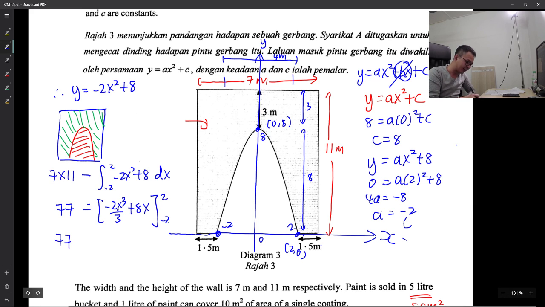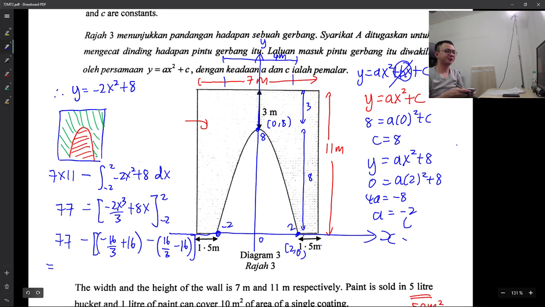So you sub in the value, negative 16 over 3 plus 16, minus, I sub in the -2, I will get positive 16 over 3 minus 16. Then you type in the calculator, you should get the perfect value.